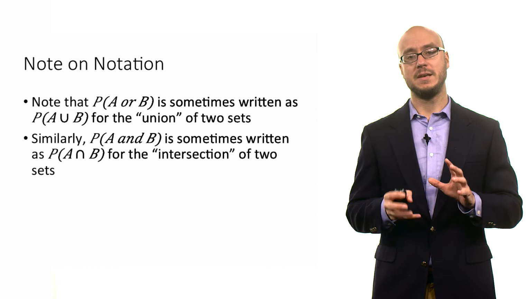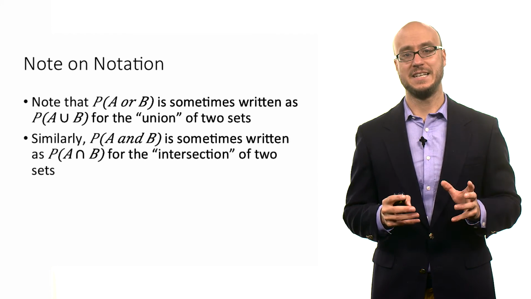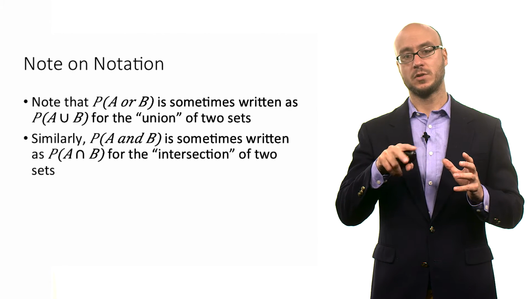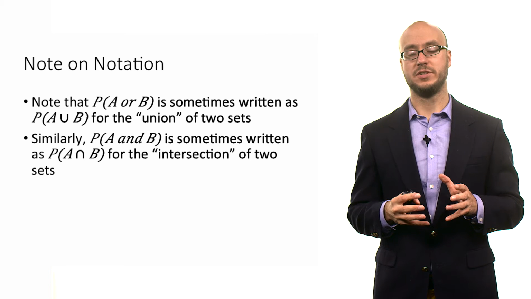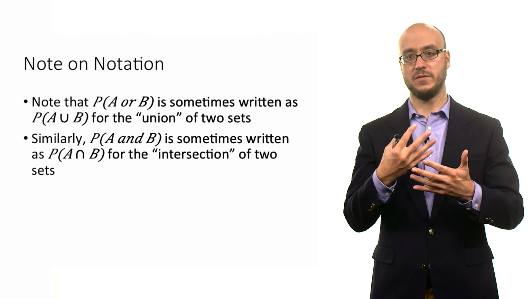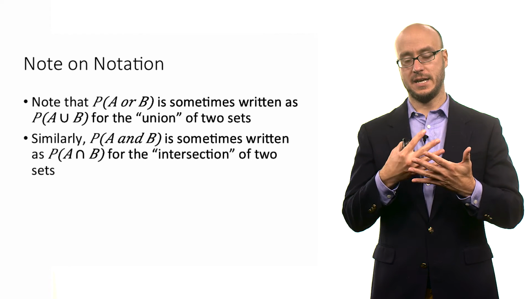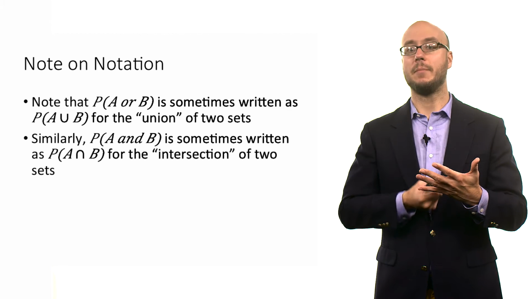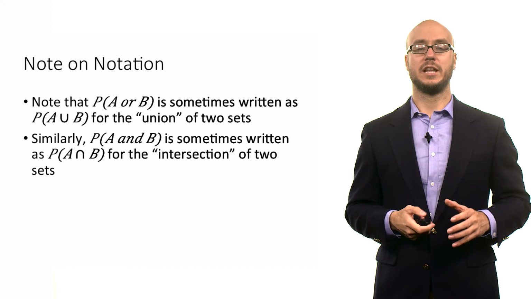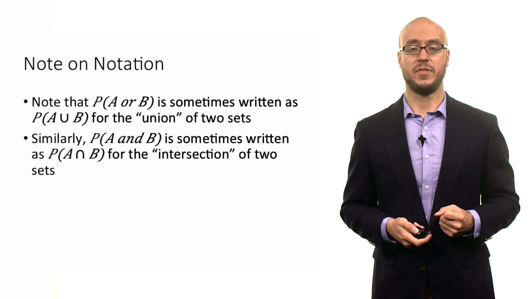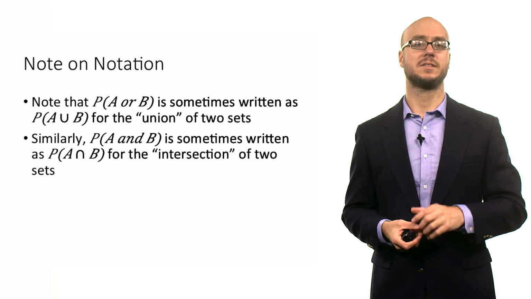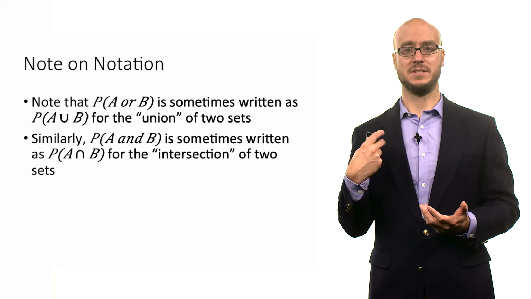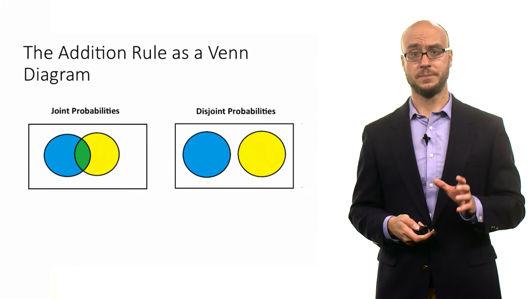You might also see the probability of A and B written using this little horseshoe. That just refers to the intersection of two sets. If you have a Venn diagram, that intersection is just that overlap area. It just comes from the language of set theory. It means the same thing. So probability of A or B is the same as the union of two sets. The probability of A and B is the same as the intersection of two sets.